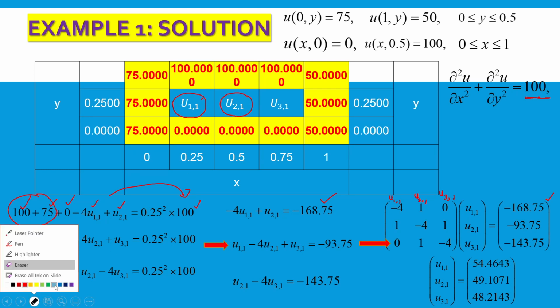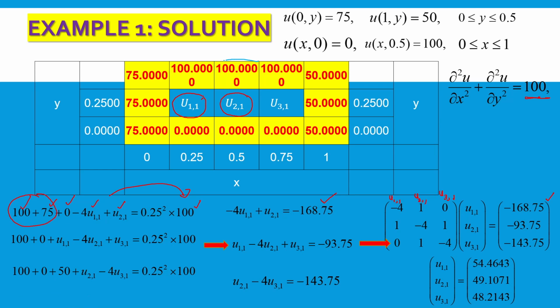And the second time, we'll target the center at U21. So you have top 100, left is 1 times U11, center minus 4 U21, right is 1 times U31, plus 0, equal to h squared times the function here, which is f(x,y) times 100.